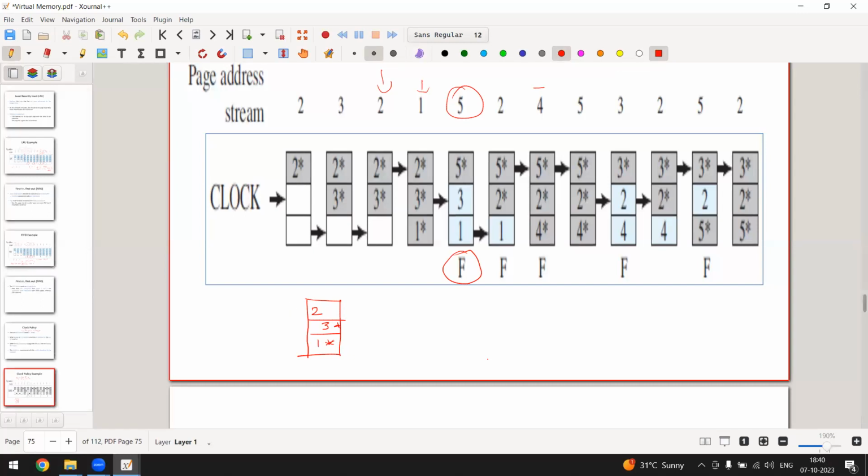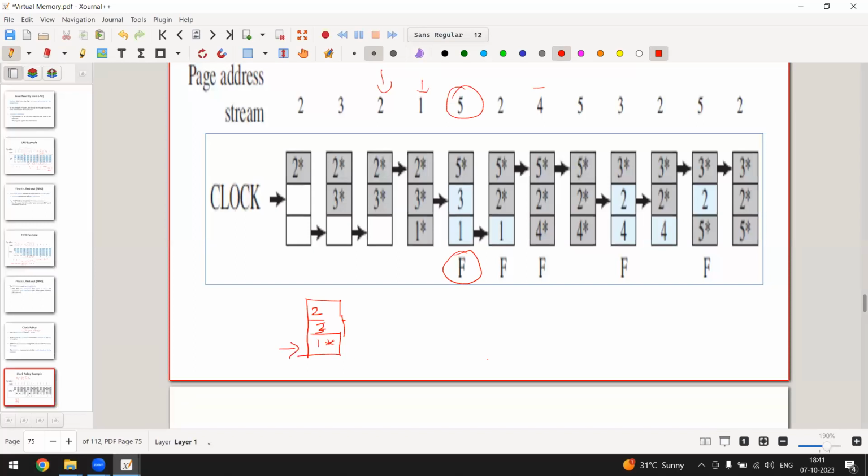Then here also it will check, can I replace this? The answer is no because the use bit is already set. So again, it will just discard the use bit and move ahead, right? So I have to just move ahead, come here.